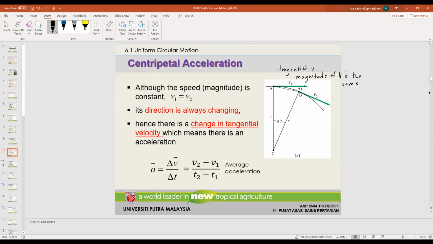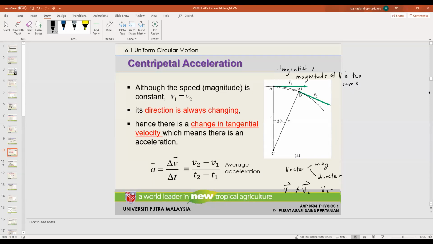Remember, we learned for vectors, for a vector to be equal, the magnitude must be equal and the direction must be equal as well. So V1 is not equal to V2 because they are vectors and they have different directions.